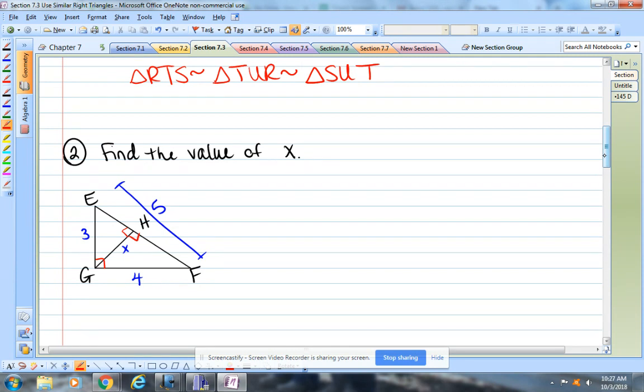So how many different right triangles do we have? 3. Okay.